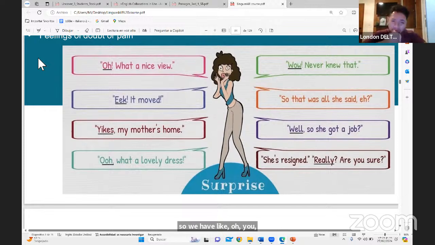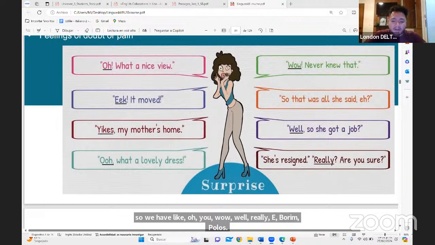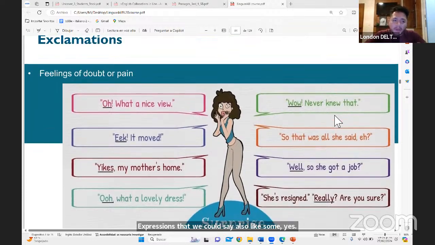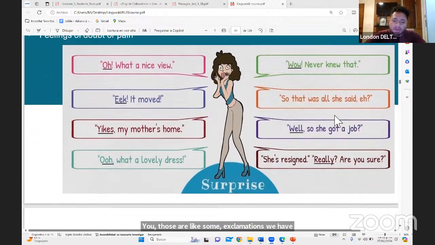Y por ejemplo, los británicos dicen in it, los canadienses dicen eh, los americanos dicen huh, ¿no? So they are like some kind of expressions, and we could say also like some muletillas. Those are like some exclamations we have in English.